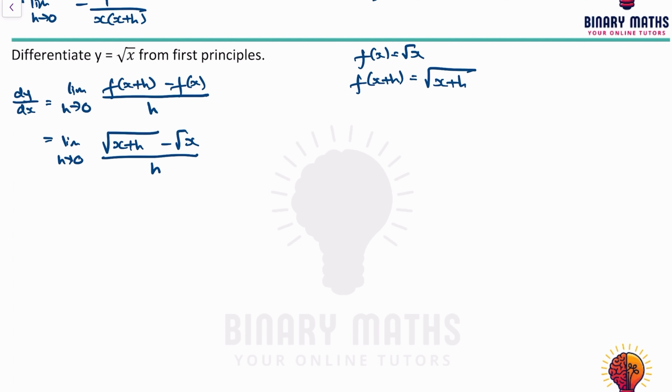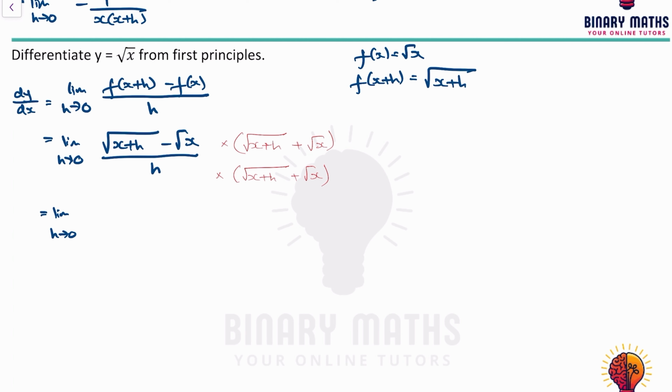all over h. Okay, now I need to get rid of the square roots. So it's just like rationalizing the denominator. I need to multiply the top by root x plus h with the opposite sign in the middle, so plus root x. But obviously that means I need to multiply the bottom by the same. When I do that, I get the limit as h tends to 0, root x plus h times root x plus h will be x plus h.